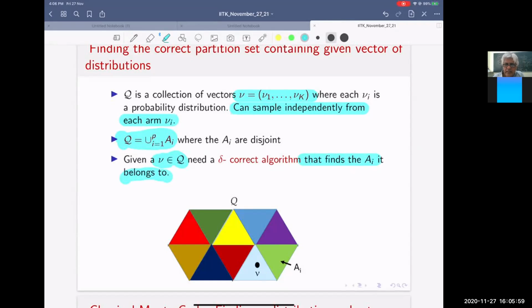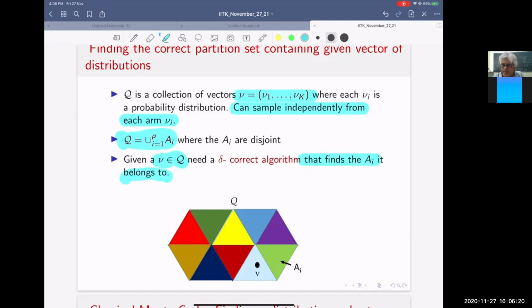We want to be correct with probability 1 minus delta. Delta is specified to us upfront. Somebody tells us you are allowed 1% error or 0.5% error. Now we want to do this as quickly as possible, with as few draws of arms as possible. How do we do that? That's the question we're answering today.